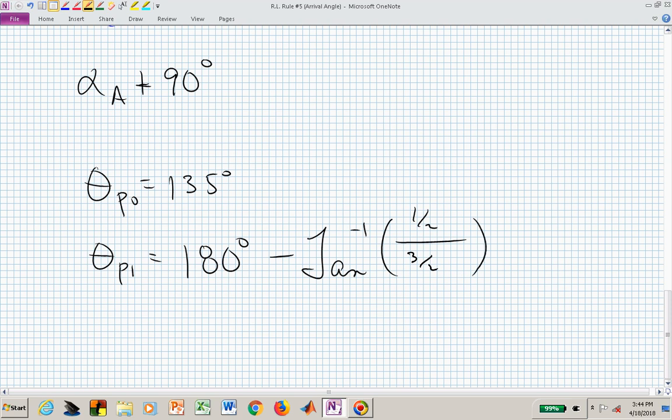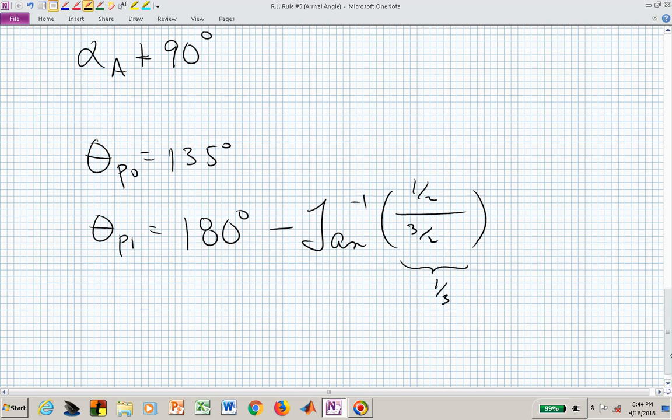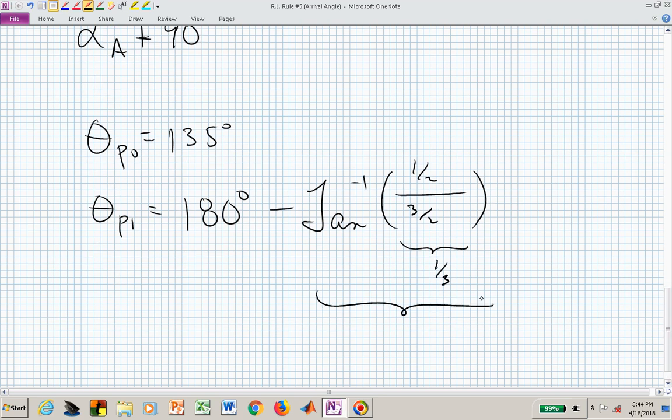So now we have 180 minus the inverse tangent of a third. If we looked at the inverse tangent of 1/3, that ends up being 18.43 degrees. If we add all of that up, 180 degrees minus 19 degrees, we should be close to 160. And in fact, we have 161.56 degrees for theta sub p sub 1.